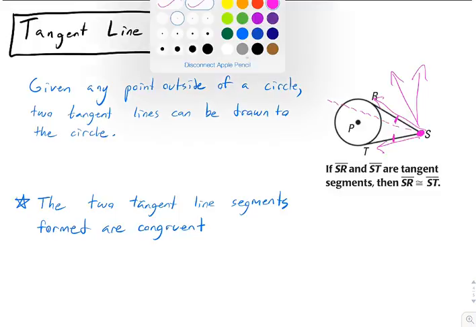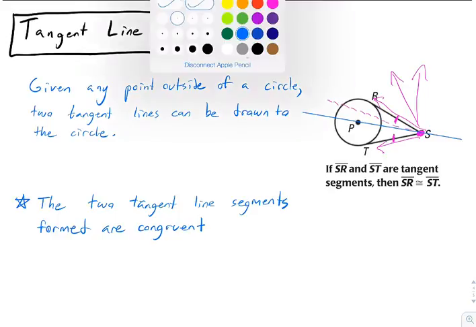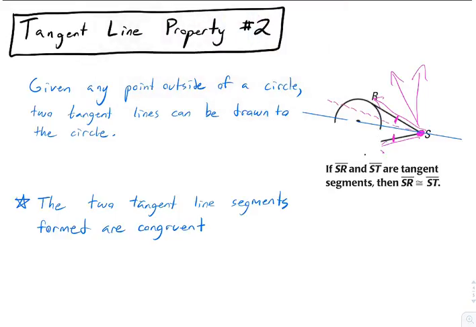And again, this all just, to me, comes straight from symmetry. I could absolutely just cut this picture down the center, and on one side you have half a circle, and you're connecting a point to the circle. We drew from the point tangent to the circle.